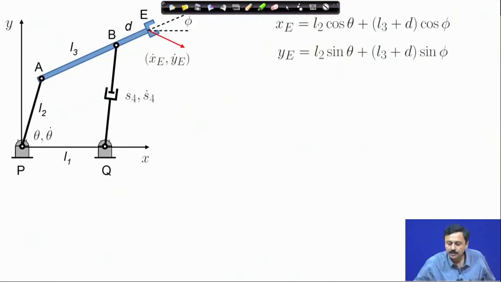Here I have written out the displacement relations which we have already discussed in a previous lecture. The angle phi is the orientation of the end effector. We have also seen in the displacement analysis that given theta and S4 we can find xe, ye and phi.